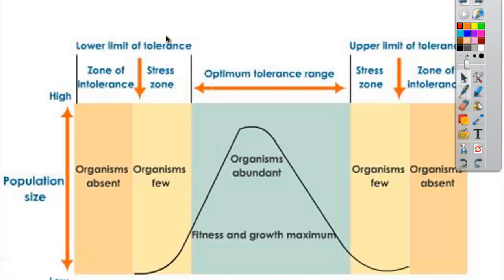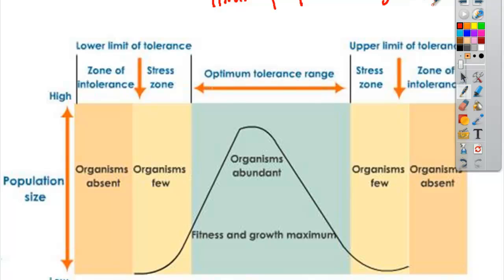I think this chart would probably be even better to use than the other one. Okay, so let's do it this way. Limiting factor, I just forgot to write down what it was, is a factor that limits the growth of a population of a species. So it limits population growth. Let me explain exactly what I mean by that.